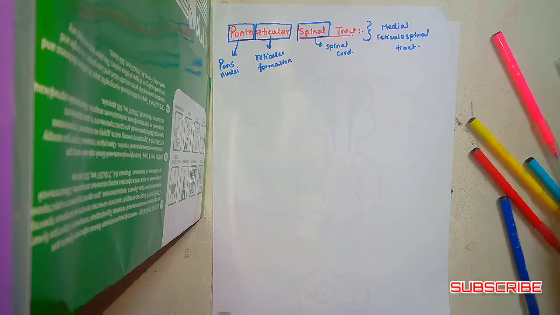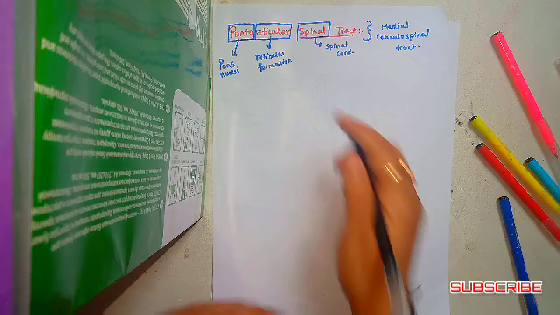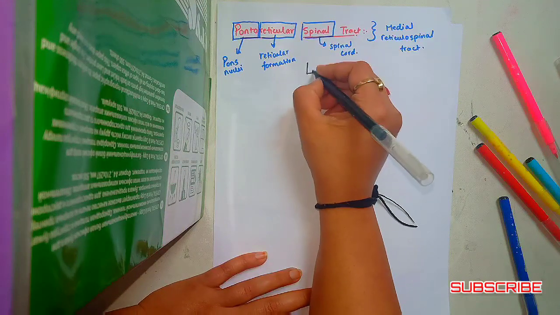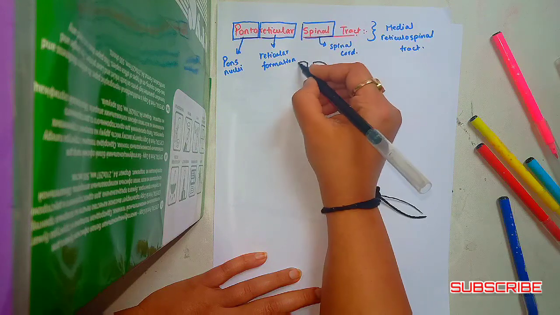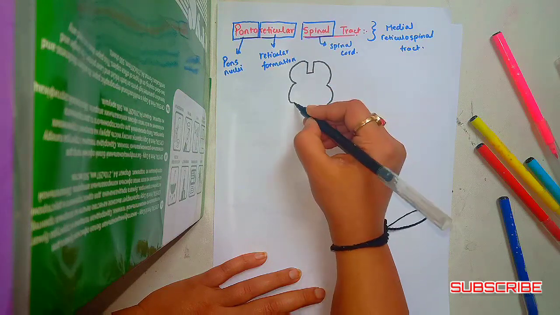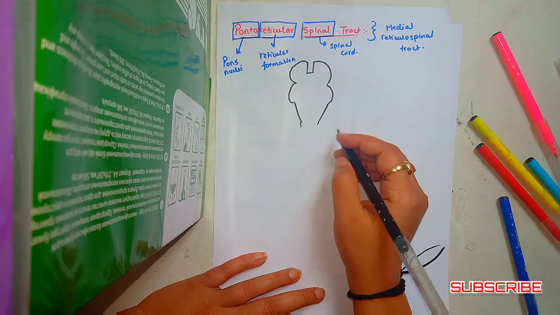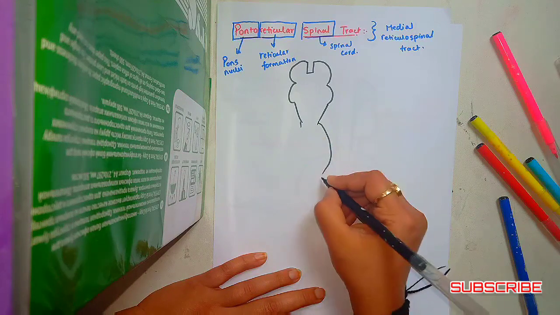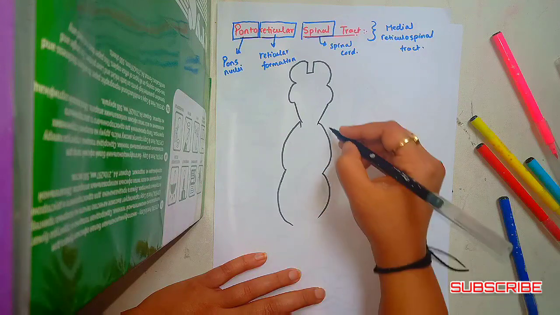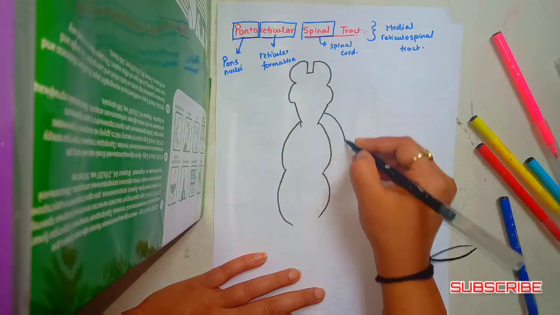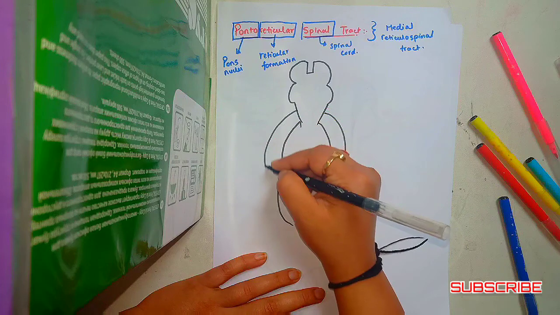So we will draw a diagram. Here we have the cerebrum, midbrain, right? Here we will draw pons, medulla. Beside there will be a cerebellum.